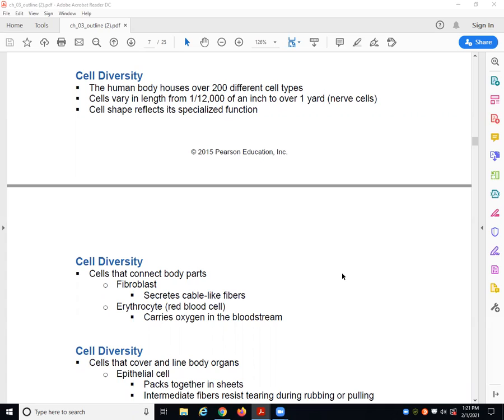And cell shape is going to reflect the specialized function, right? So function, shape, structure, all those things are related. You have certain cells, and their role is to connect different parts of your body. So the fibroblasts are going to secrete cable-like fibers, okay?